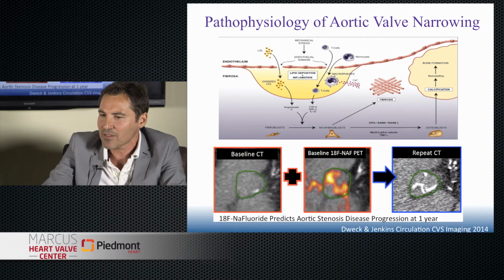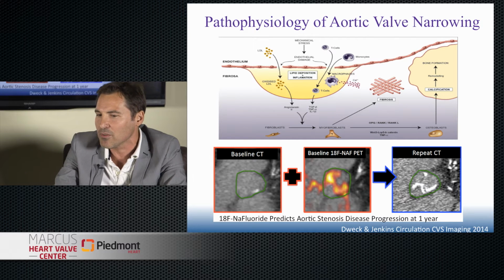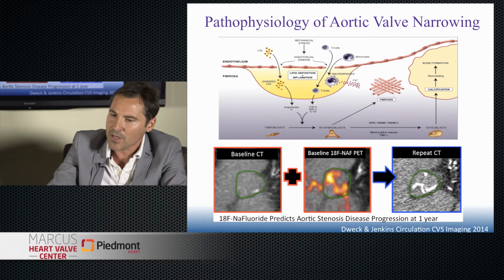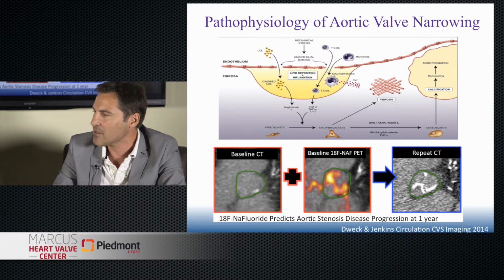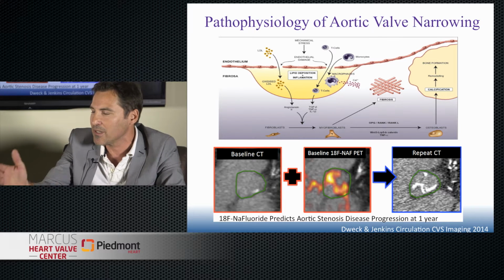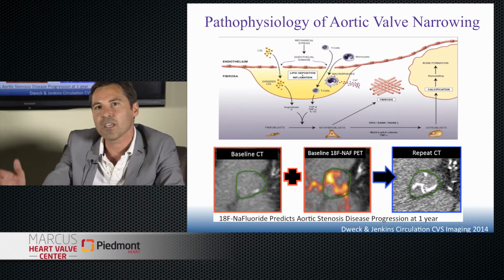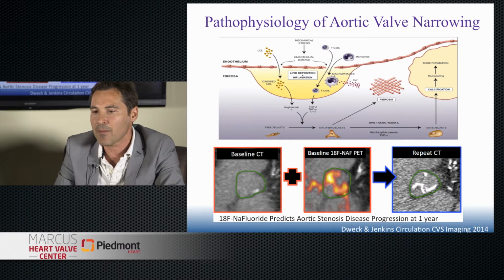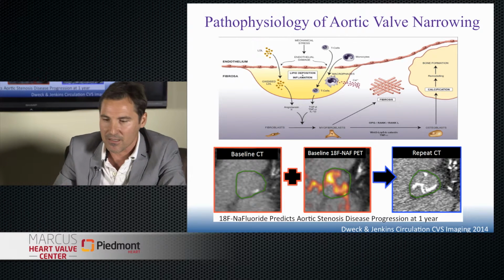And it has been shown something very interesting and maybe unique. If you use PET with some marker of calcification activity, you can predict the occurrence of calcification over time. And if you use MDCT or CT, you can perfectly depict calcification, the extent of calcification.